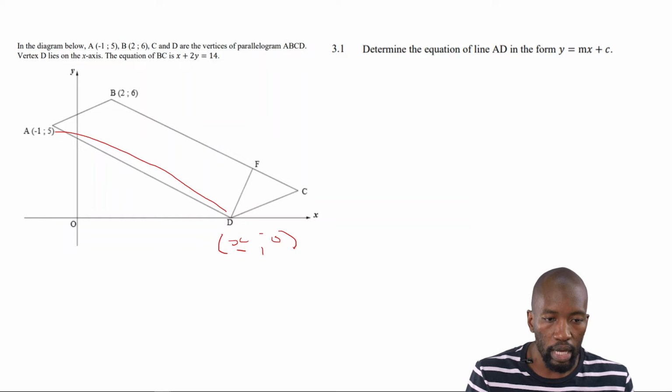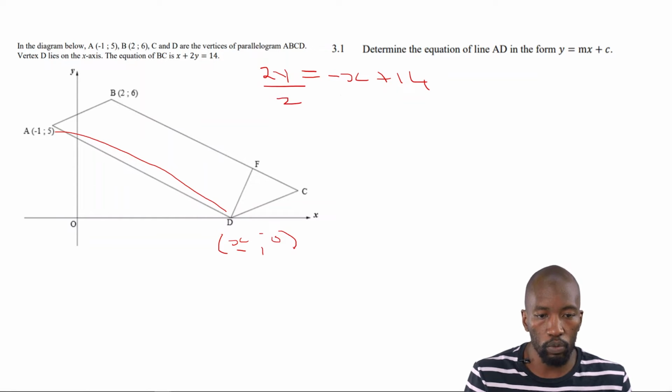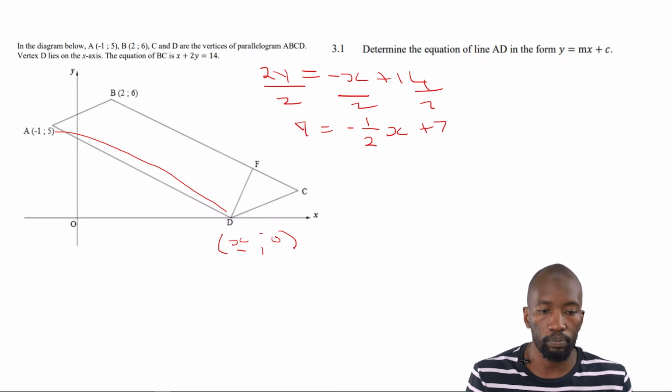So if we put that in order, that'll be 2y is equal to minus x plus 14. So we took the x over to the other side. Now we need to divide everything by 2. So what we have is y is equal to negative 1 over 2x plus 7.